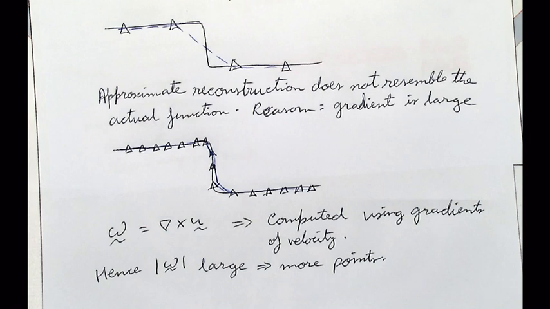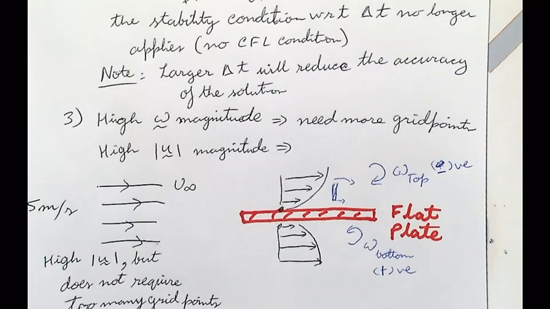Why false? We've only been talking about advantages. Can you think of a disadvantage? Especially think in terms of this flat plate, right? We've introduced a wall. What happens to vorticity?